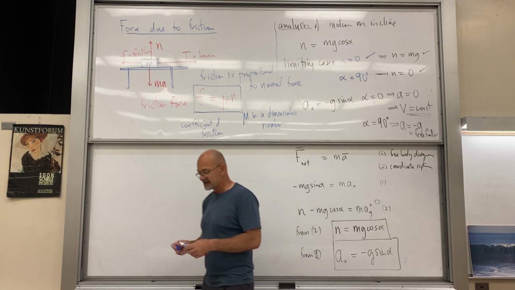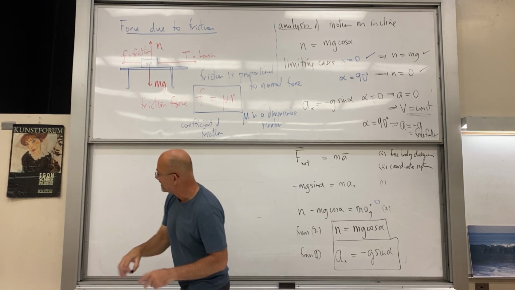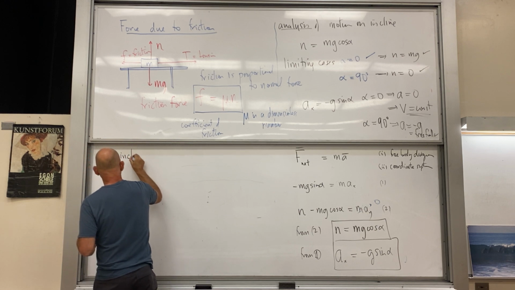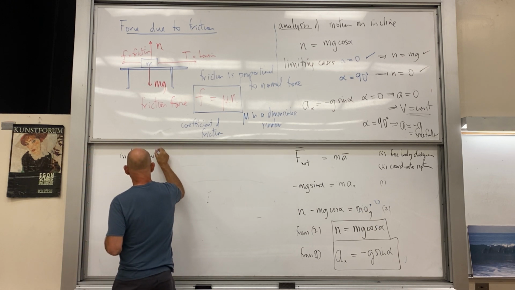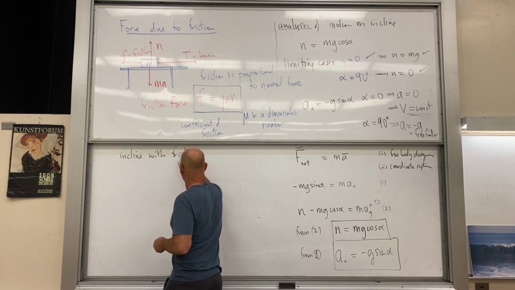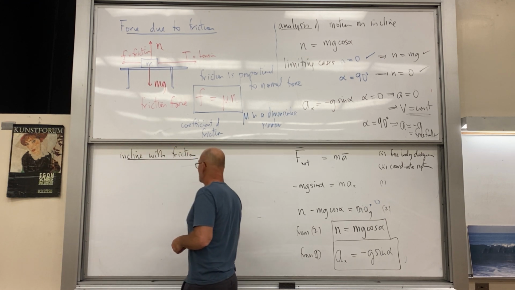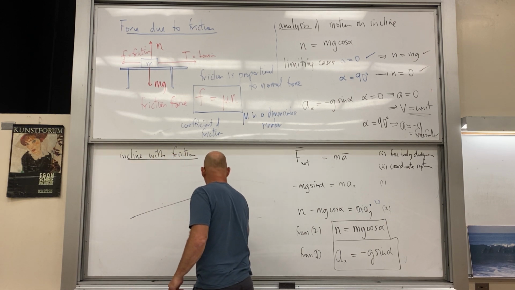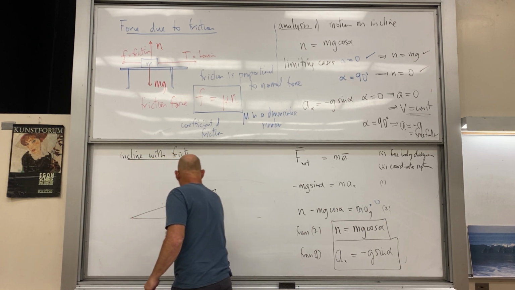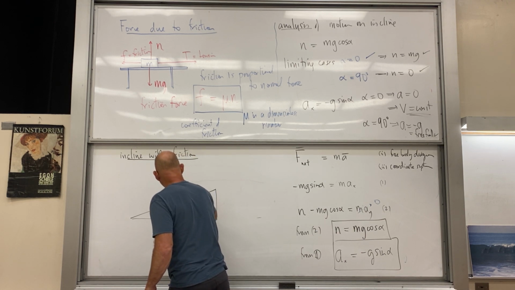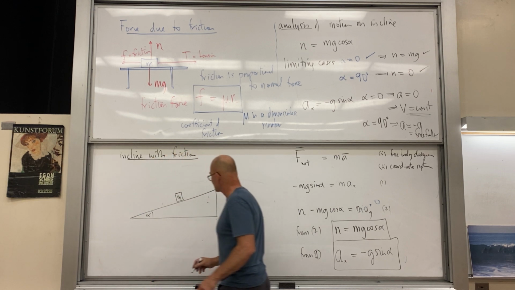We'll title this Incline with Friction. Inclined plane with friction. And I'm just going to relabel. So it's the same scenario as before. Here's M. There's the incline alpha.